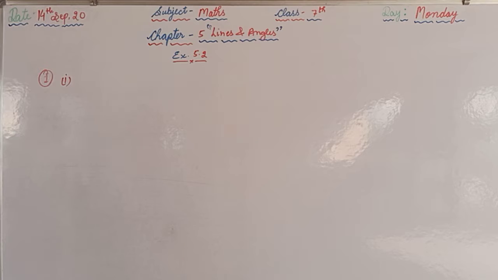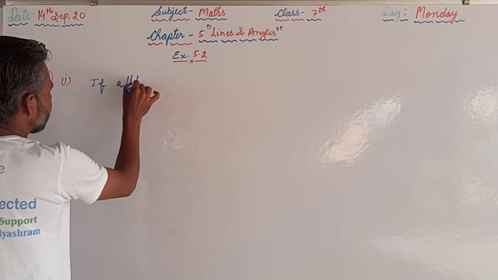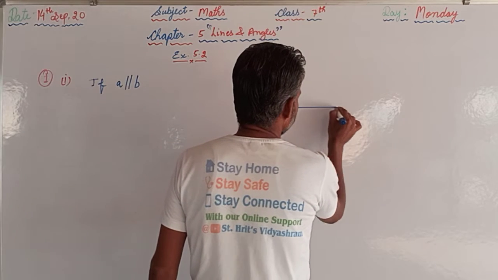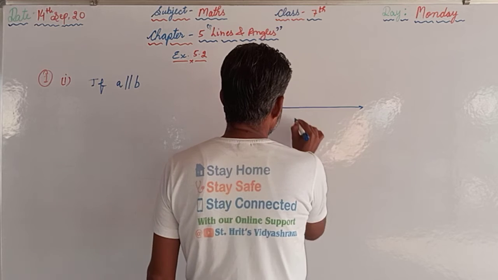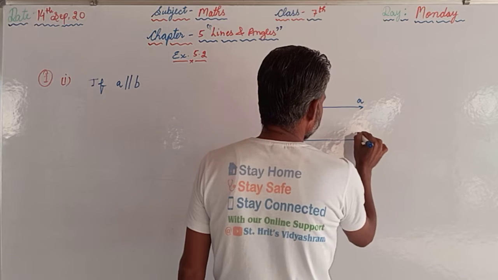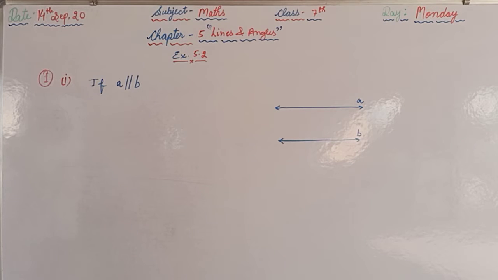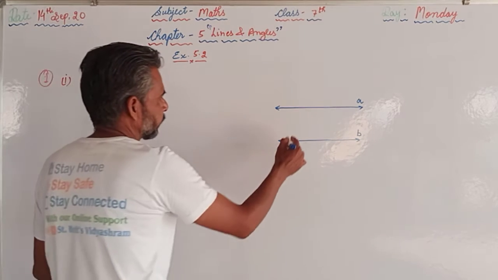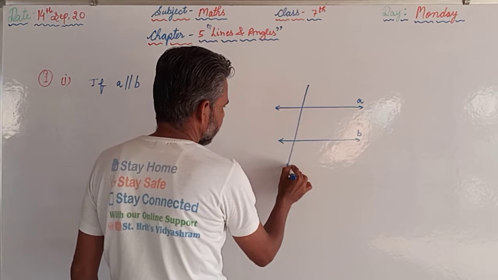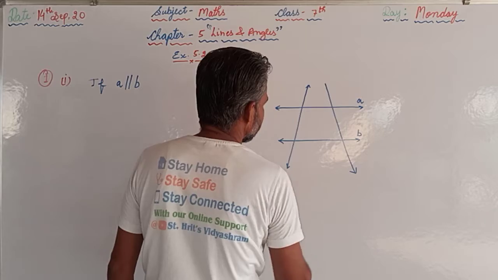A and B are parallel, if A is parallel to B. This is A, this is B. Then one transversal is there. Two transversals are there, in fact. This is 1, this is 2.